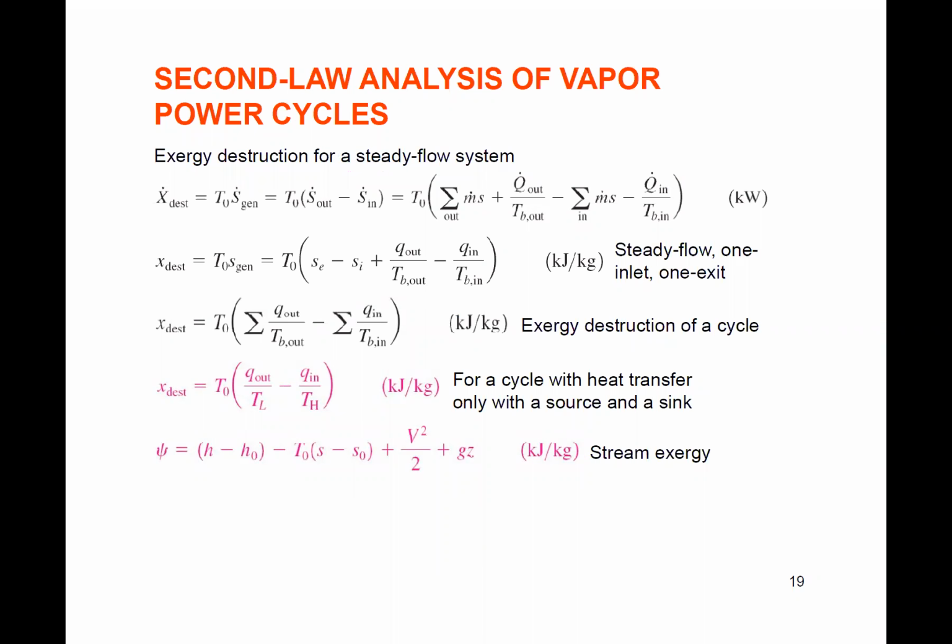So then, second law analysis of the vapor power cycles. The equations are exactly the same as what you saw for the second law analysis of the chapter 9 cycles.